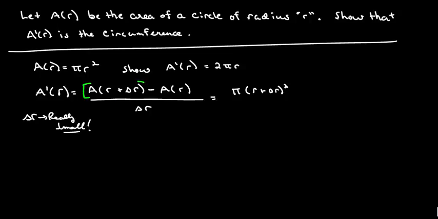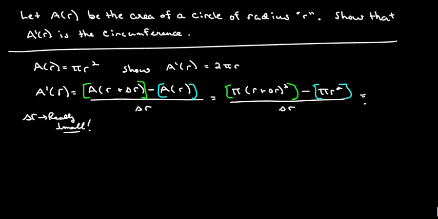So this right here is this right here, and I'm getting it from this function up here. So minus A of r, which is pi r squared. And we're going to divide by delta r.